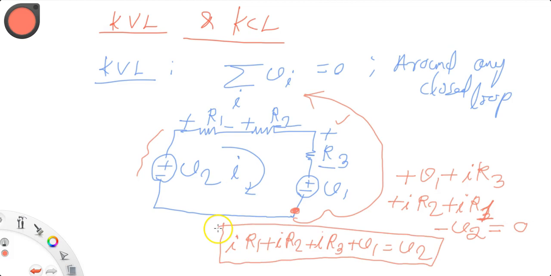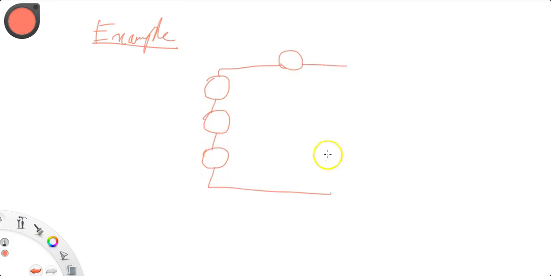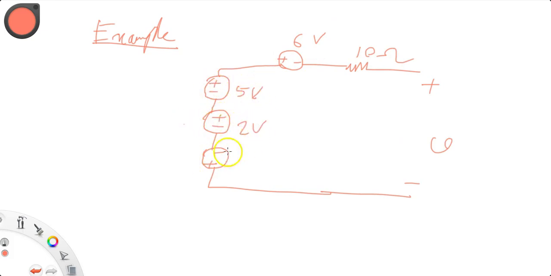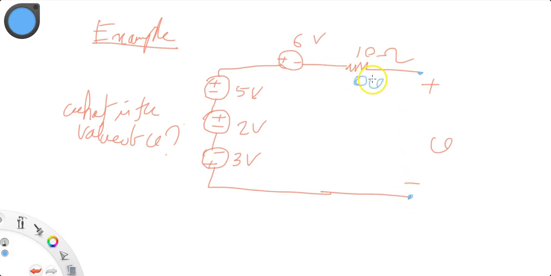Clear? So, for example, what is the value of V? As this terminal is open, no current flows, so the voltage across it is 0 volt. So simply use this potential V as a closed loop.